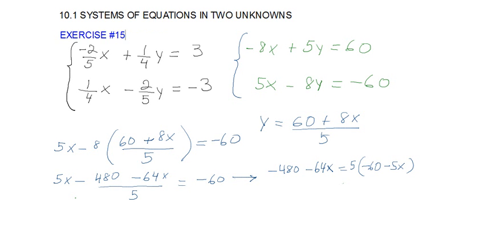So now I have minus 480 minus 64x equals minus 300 minus 25x.